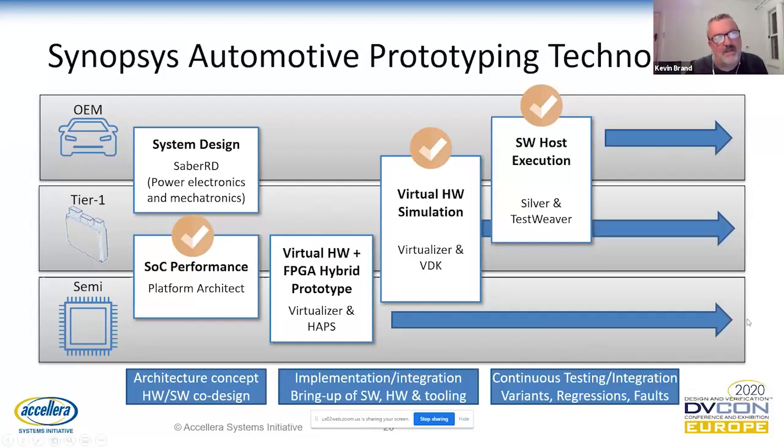While we're talking about that, if you move up the abstraction tree a little, more targeted towards the OEM, on the right-hand side you can see the block with Silver and TestWeaver in it. Silver is a fast software simulator that executes production ECU application software compiled for the host PC, so it is a host-based simulation.